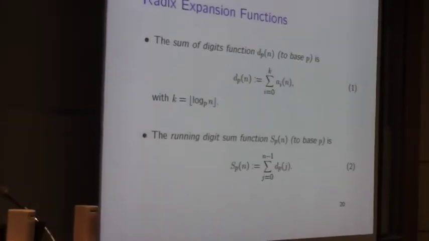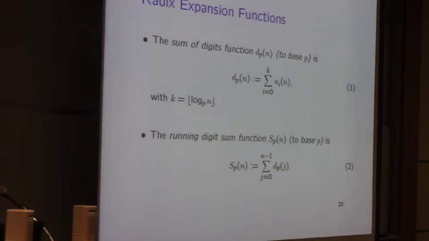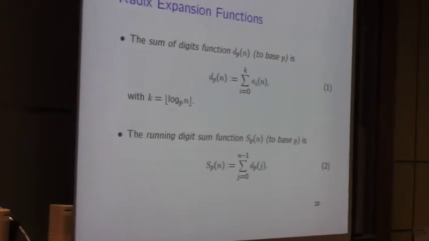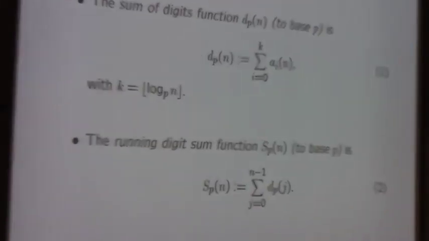So now, I need to introduce 2 well-known functions associated with the base p expansion. One is the sum of the digits. That's d sub p of n. By the way, there's no standard notation. There have been a zillion papers written on this, and they invented various different names for these functions. And I've also invented yet another name, D sub p of n.